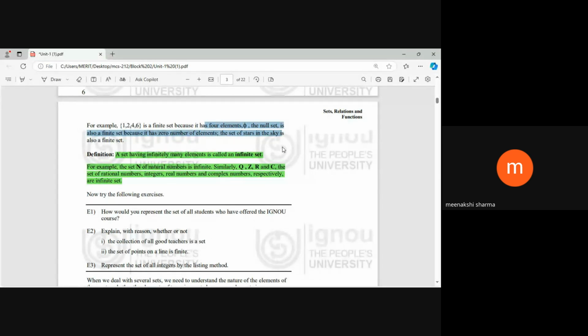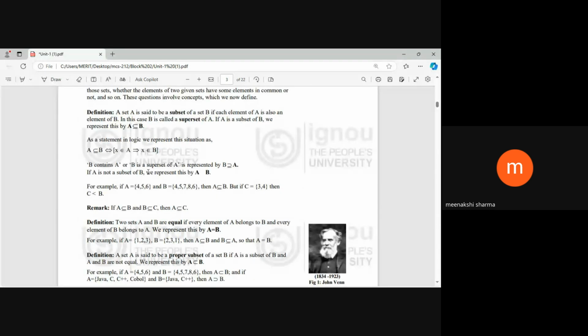Okay, students, it's a little bit boring. We will do another thing. There are theorems and definitions. Two types of sets: subset and superset. A has the elements 4, 5, 6, and B has 4, 5, 7, 8, 6.